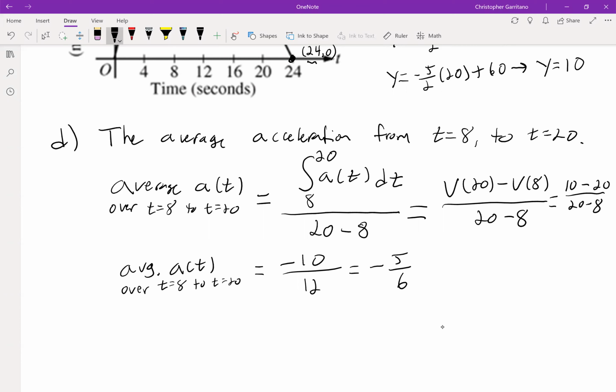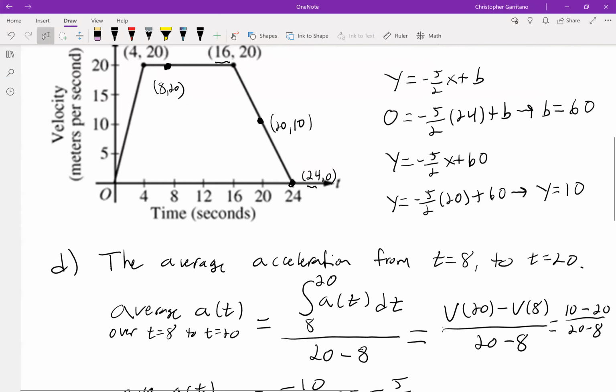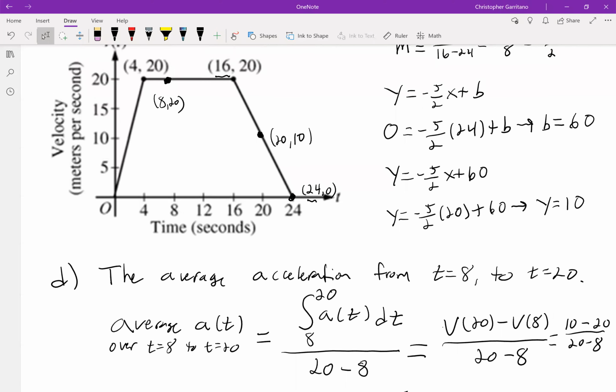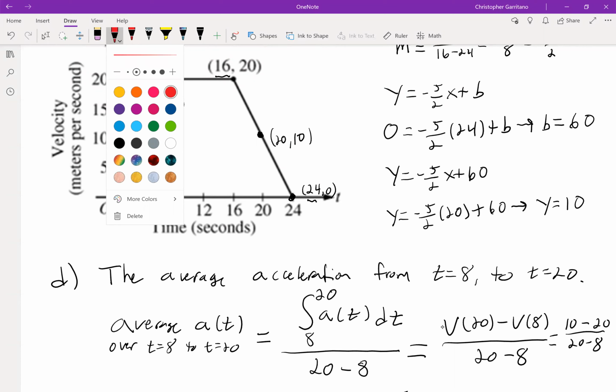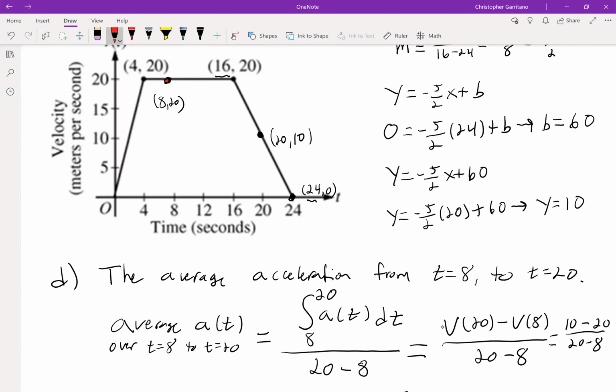And now we should include units. So this is an acceleration, right? Even though we're looking at the velocity graph, what we did was find the slope of a secant line along that velocity graph. So here's the secant line that we just found the slope of.